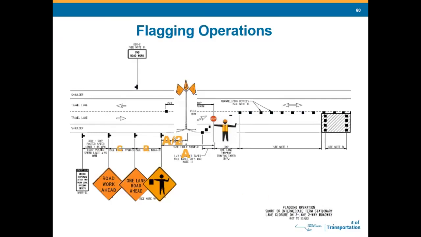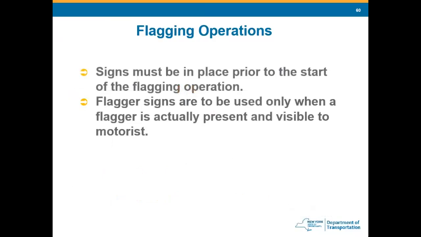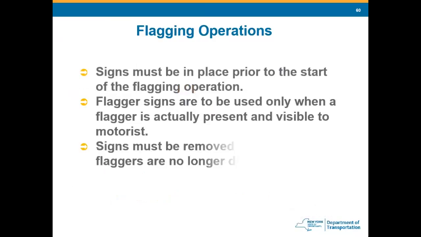Not a bad idea. We do it here quite a bit. Again, signs must be in place prior to the start of the work, and only when a flagger is actually there. And obviously, they must be removed or covered when the flaggers are no longer directing traffic.